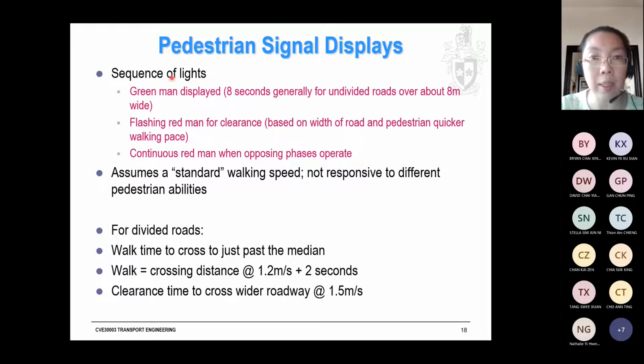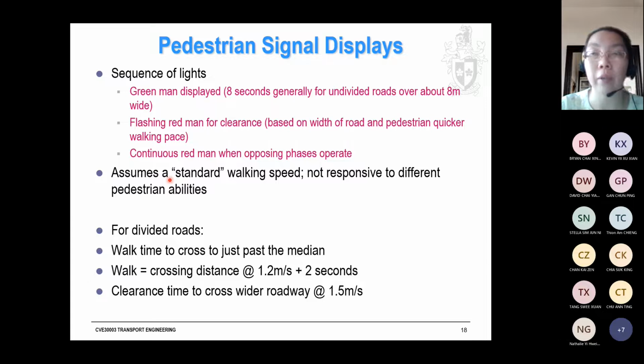So when we design for pedestrian signals, we always assume a standard walking speed of about 1.2 meters per second. And this pedestrian signal is not responsive to different pedestrian abilities. All right.